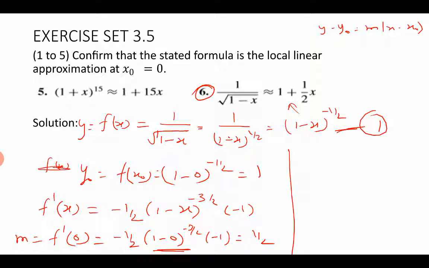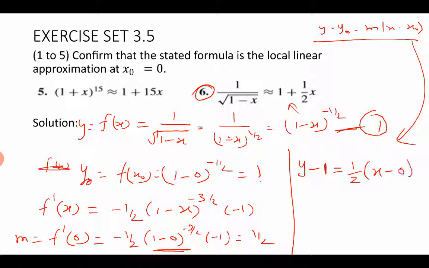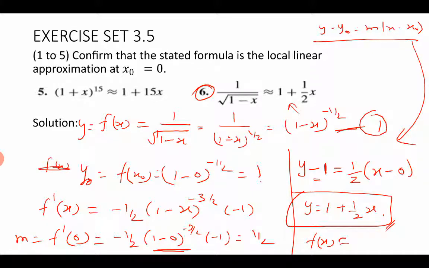So in the formula, y minus y0, what is y0? y0 is here 1. y minus 1 is equal to half times (x minus 0). So y is equal to 1 plus half times x. So this is the approximation. f(x) has been approximated to this function, 1 plus half times x. That's the end of it.